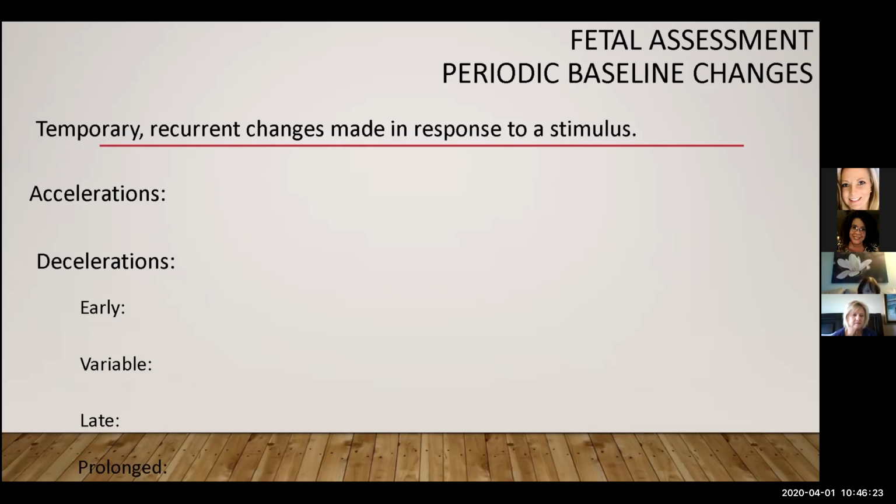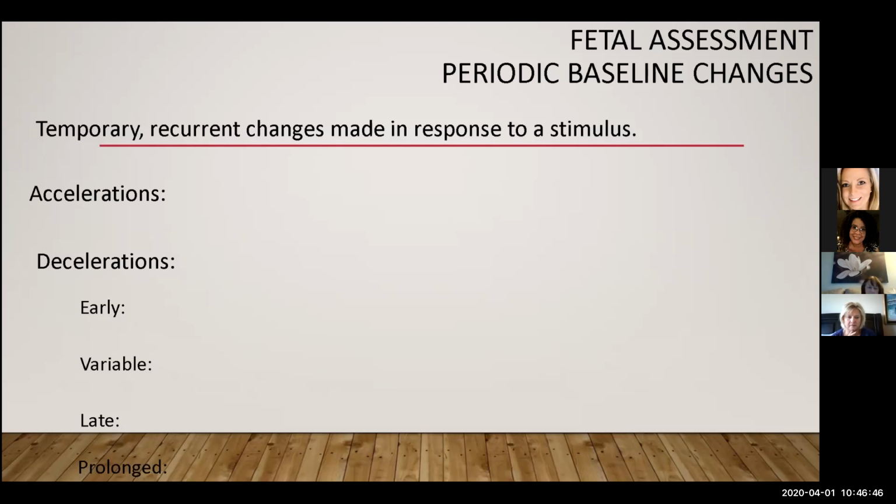They're characterized by a gradual decrease in the fetal heart rate in which the nadir, or the lowest point, where the deceleration reaches its lowest point, occurs at the peak of the contraction. Onset, nadir, and recovery of the decel occur at the same time as the onset, peak, and recovery of the contraction.